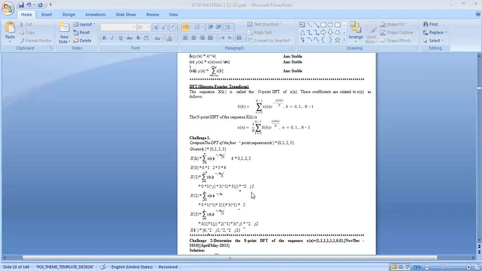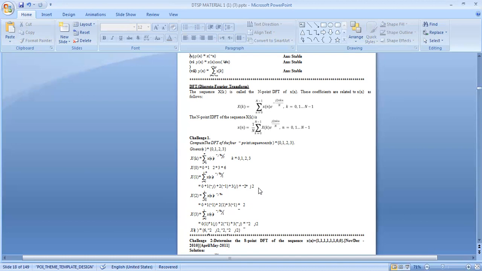When you simplify this expression, the real term is minus 2. Here we have minus j plus 3j, so the answer is plus 2j. So the final answer for X of 1 is minus 2 plus j2.